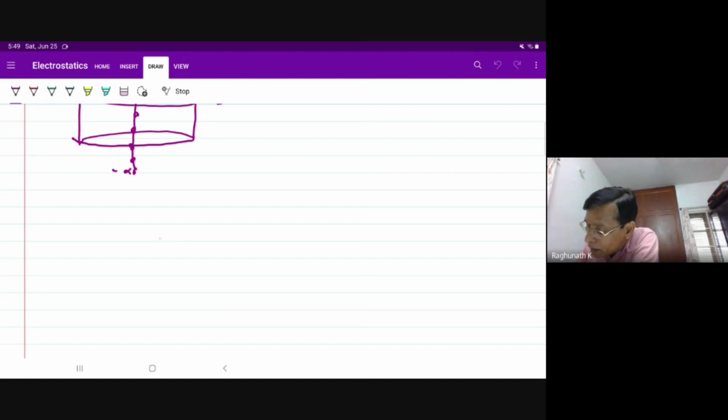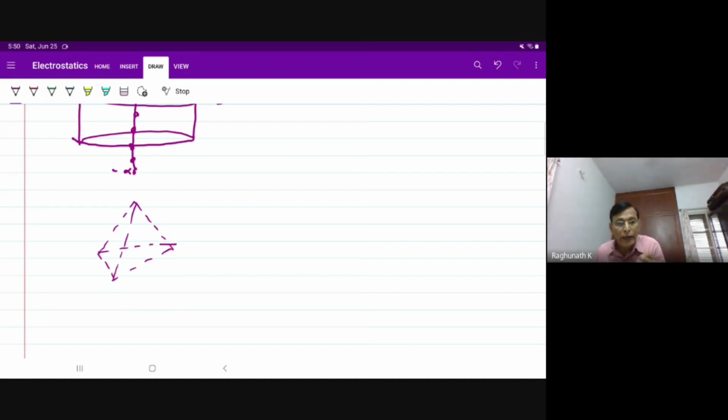Consider an equilateral triangle. It appears like this from somewhere.